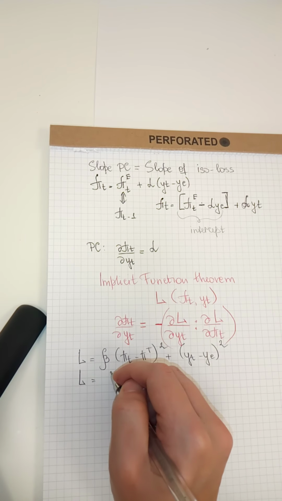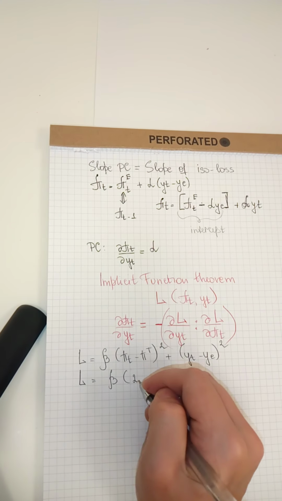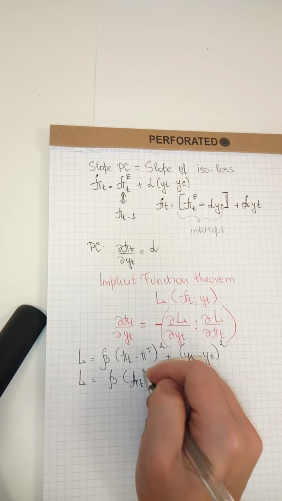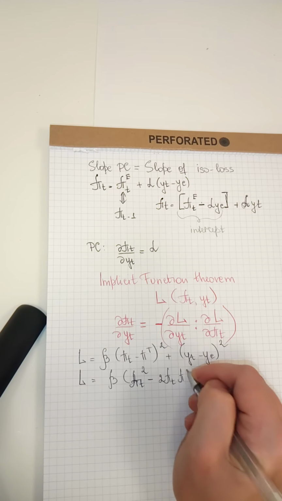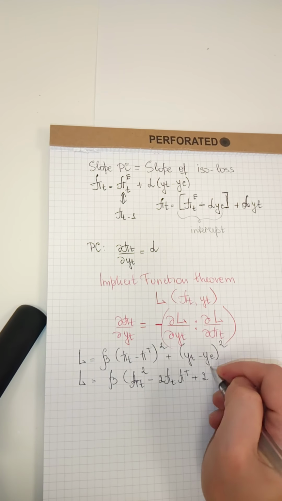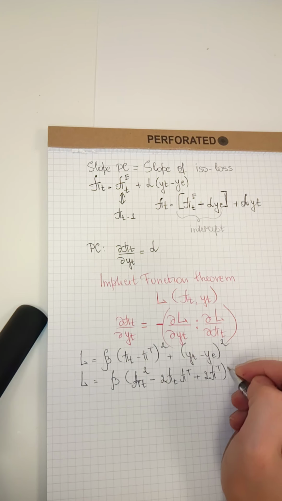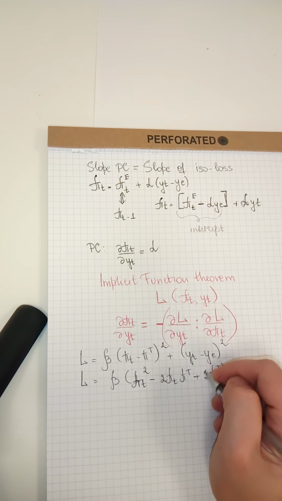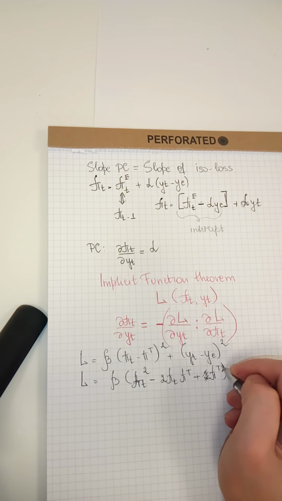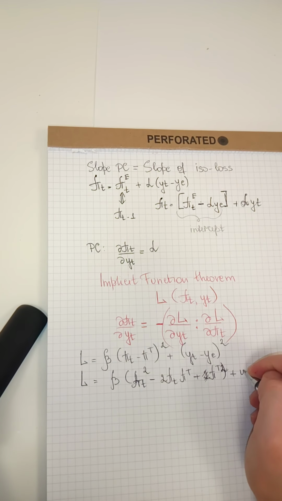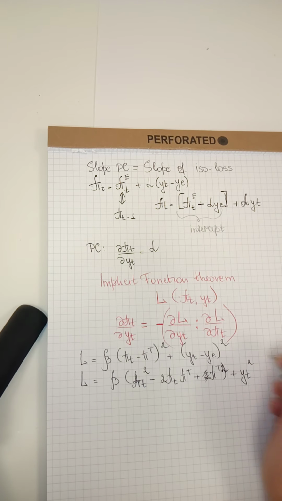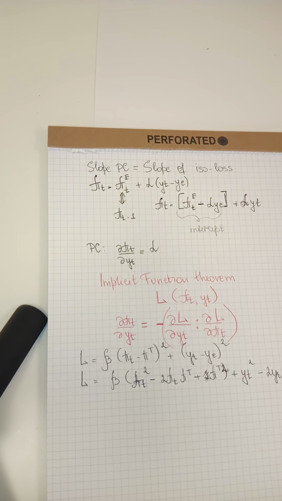You will get beta times pi t squared minus 2 pi t pi tau, plus pi tau squared, plus yt squared minus 2 yt ye plus ye squared.